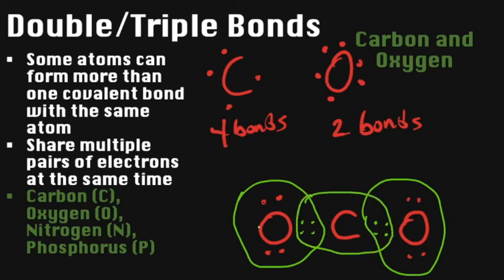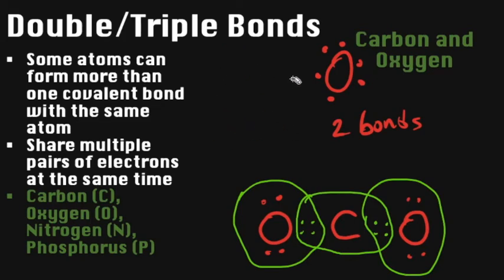So notice here, this oxygen has formed 2 bonds because it has shared 2 pairs of electrons with carbon. This oxygen has formed 2 bonds because it's a double bond to this carbon. And this carbon has a double bond with this oxygen, a double bond with this oxygen, so it has 4 bonds total.